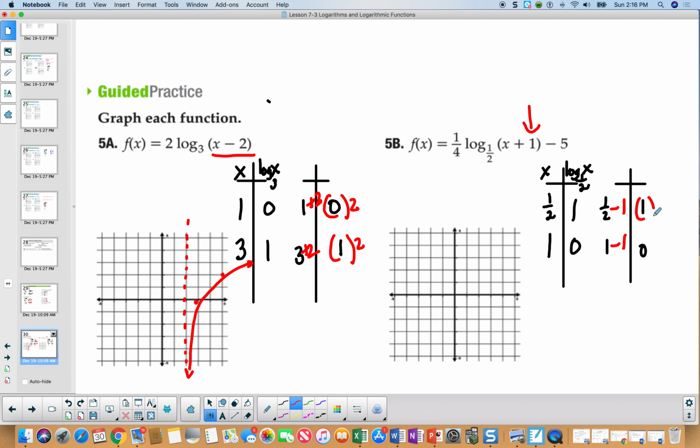And over here, I'm going to multiply by 1/4 and then subtract 5. Okay, so this is going to be -1/2, and then this is going to be -4 3/4. 1, 2, 3, 4. And then this is going to be 0, and then 0 and -5. 1, 2, 3, 4, 5. Now we know that the vertical asymptote has been moved over 1 unit. And then I can go ahead and draw my curve right here.